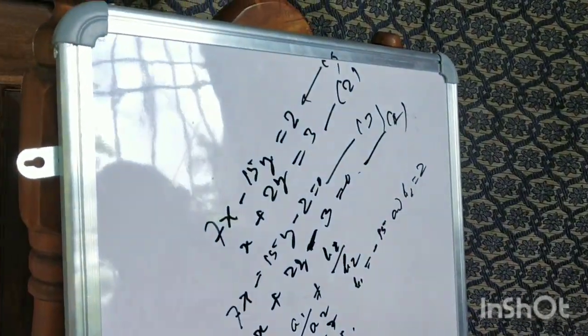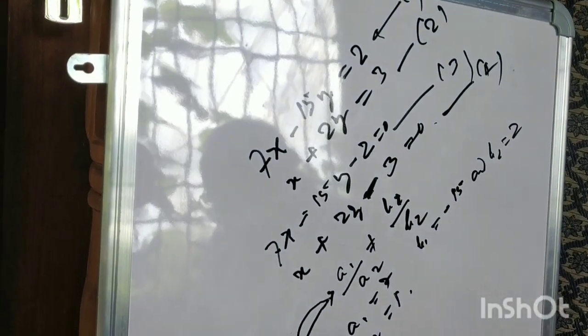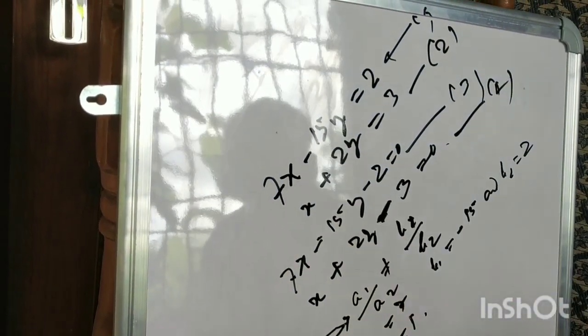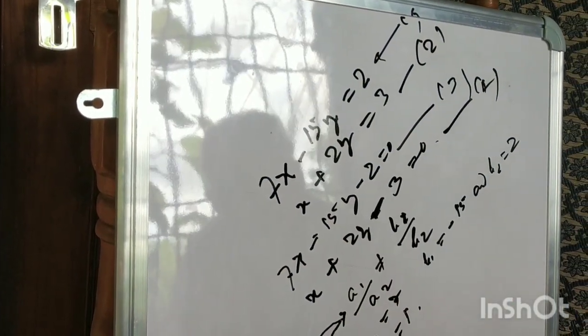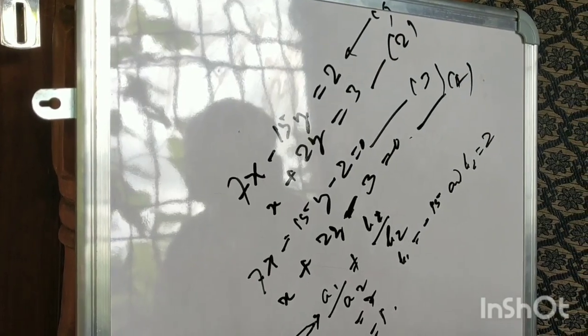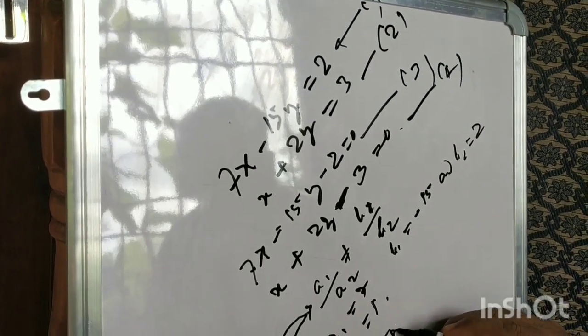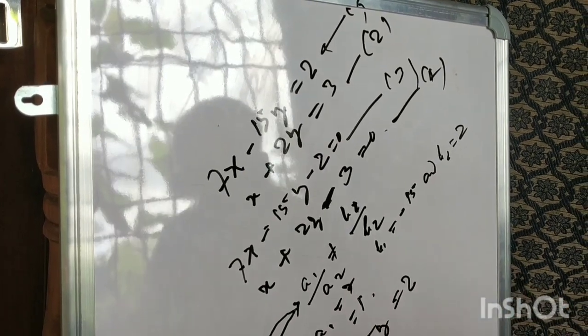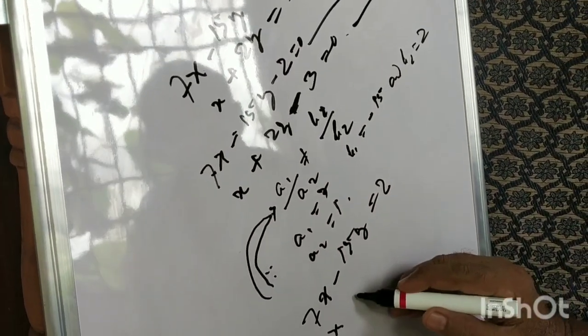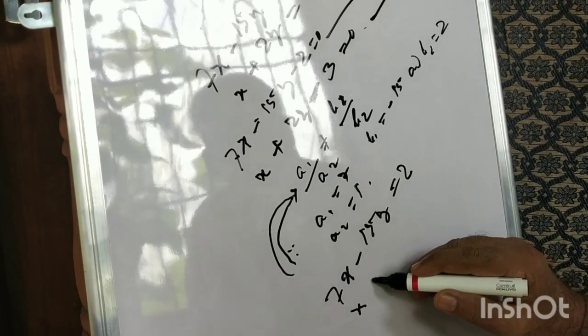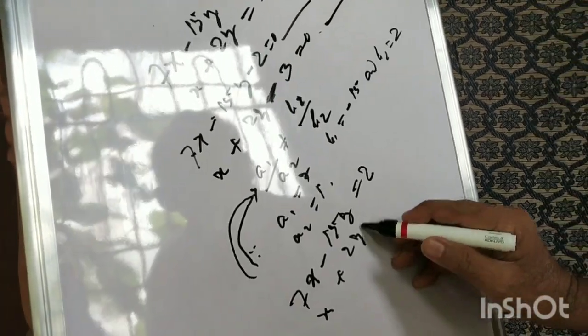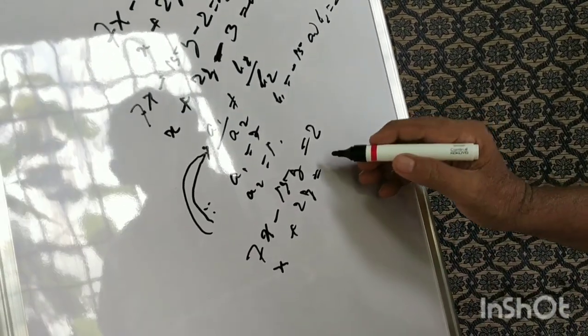So, here, in the substitution method, what do we do? You see, 7x minus 15y is equal to 2, and x plus 2y is equal to 3.